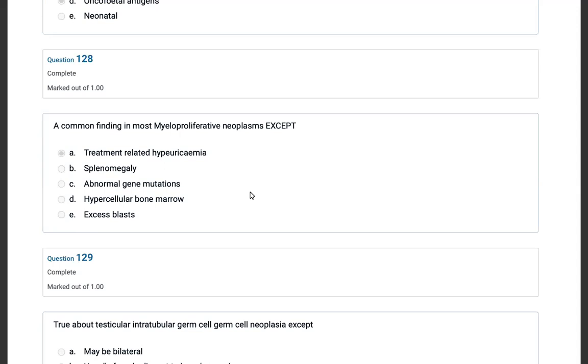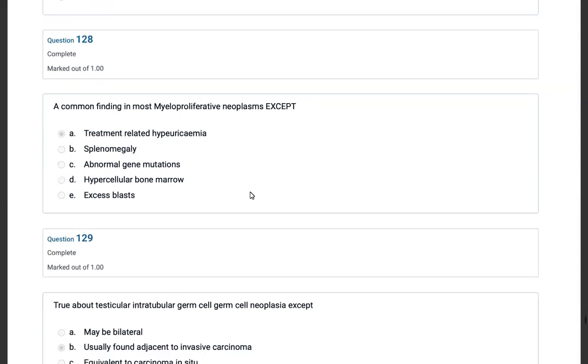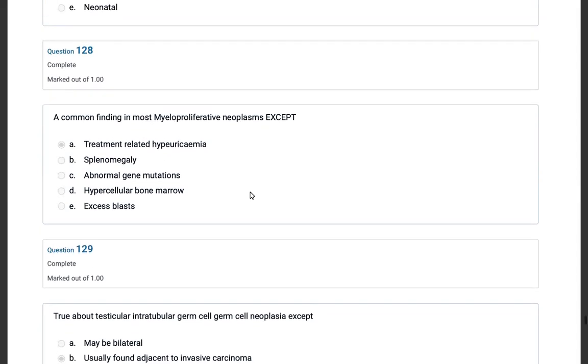All right. Someone asks to repeat about hyperuricemia. Cells contain uric acid in different forms. When you destroy these cells as a treatment using antineoplastic drugs, a common side effect is hyperuricemia.